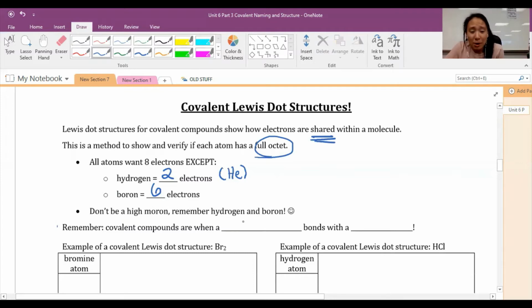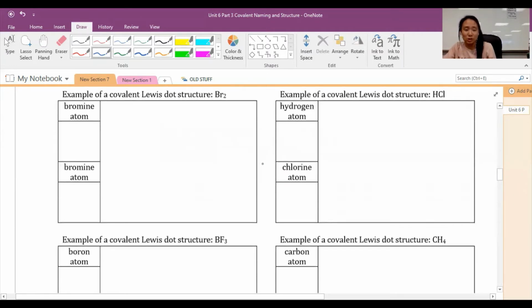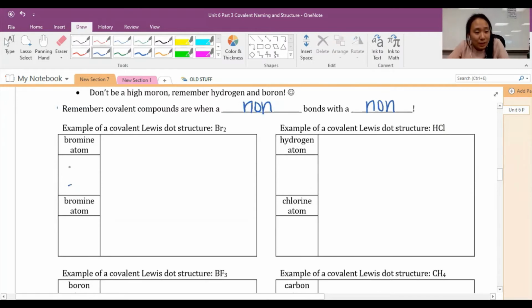Okay, so remember, covalent compounds are created when 2 nonmetals are being bound together. So let's go ahead and draw Lewis structures, okay? Not that you're gonna be drawing them by hand from scratch, but it's a good idea to know exactly how they come about. So bromine is Br, right?